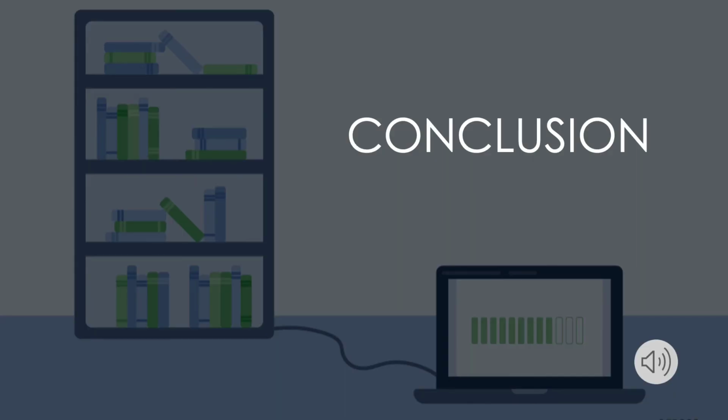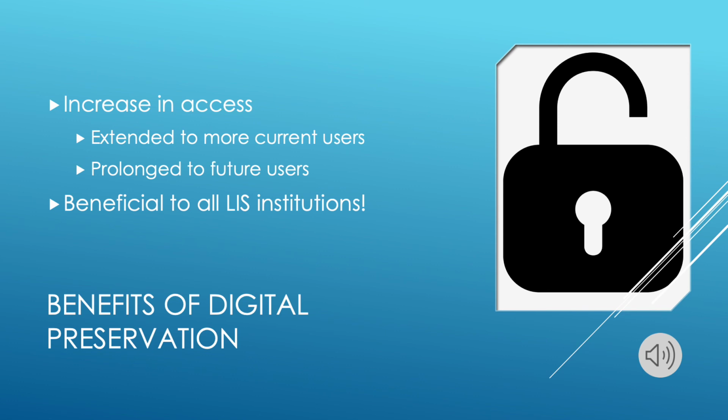Now that we've explained the digital preservation of government information in the FDLP, we'd like to conclude our presentation with some important points which apply to many different information environments. The benefits of digital preservation are found in the overall increase in access.